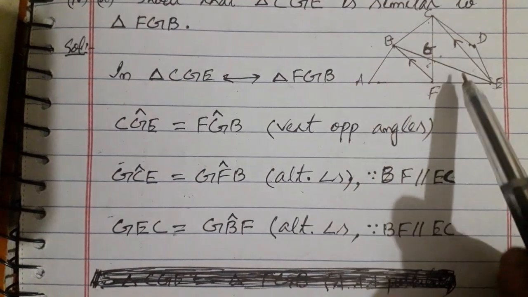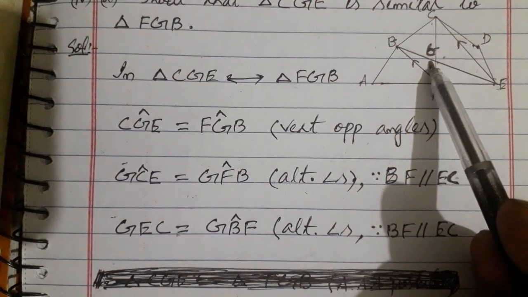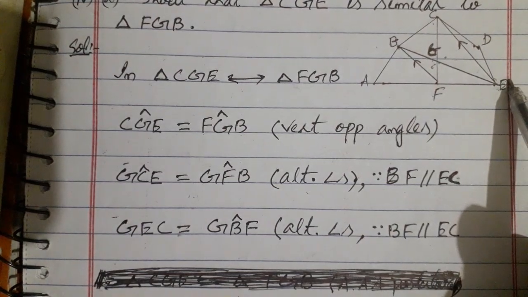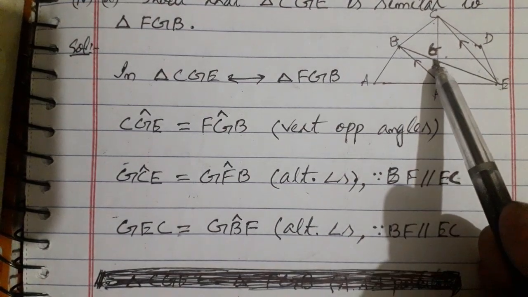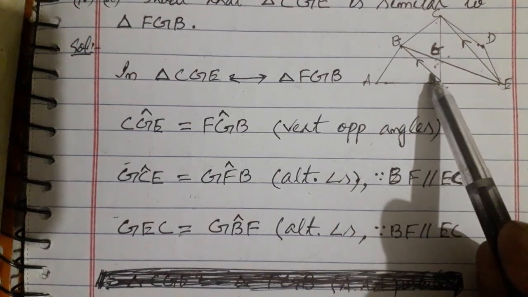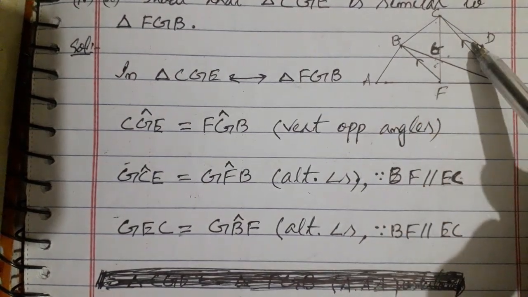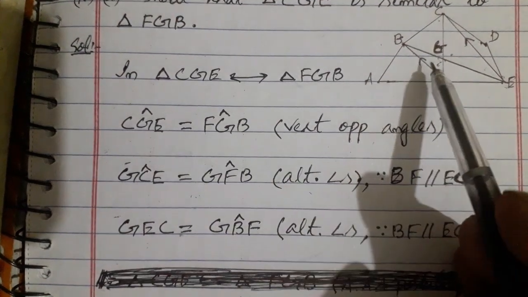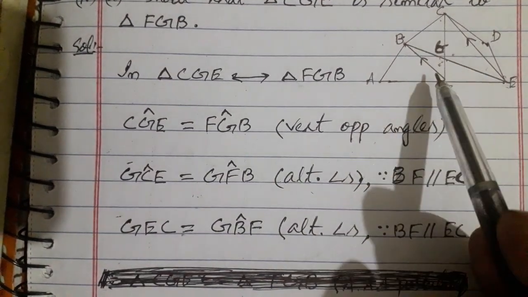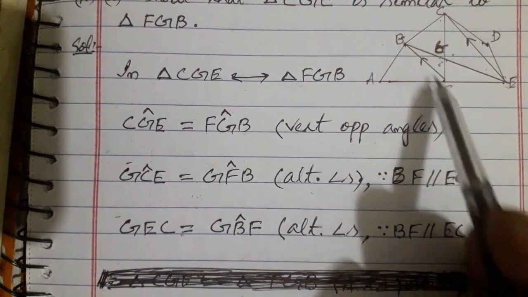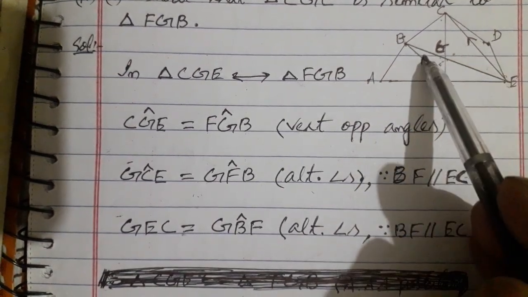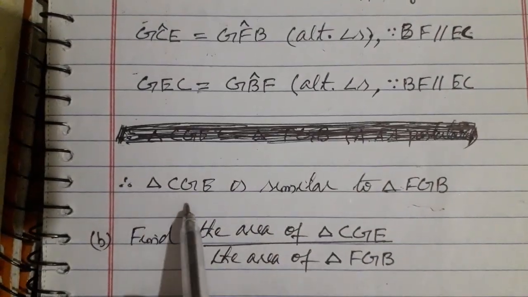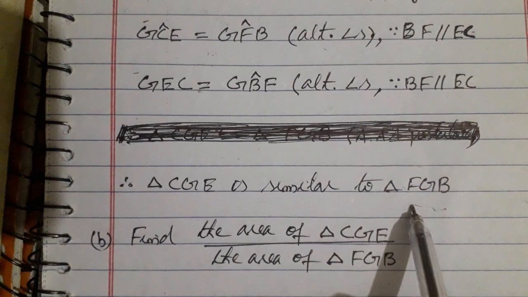Angle GCE is equal to angle GFB. These are alternate angles because these sides are parallel. Angle GEC is equal to angle GBF because these sides are parallel, these are also alternate angles. Therefore, triangle CGE is similar to triangle FGB.